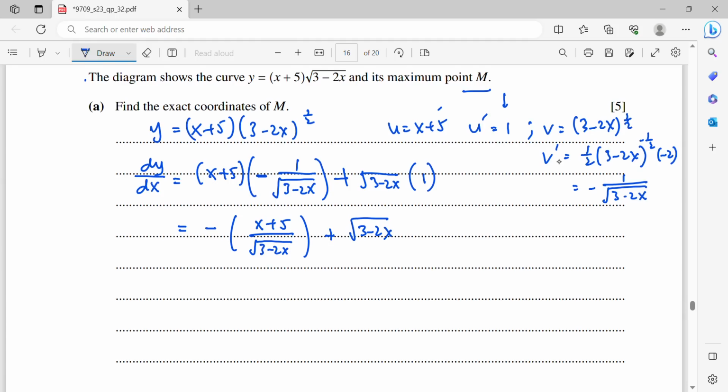Okay, so now our purpose is to get the coordinates of the M. So to get the M, dy/dx equals 0 because it is a maximum point. Before you get a maximum point, I'm sure that the M is the stationary point. So when dy/dx equals 0 means that 0 equals these two terms.